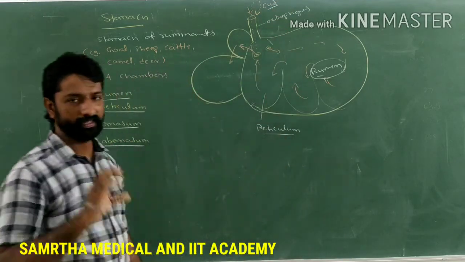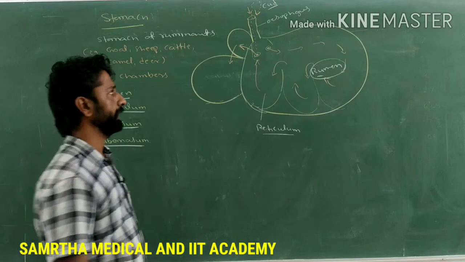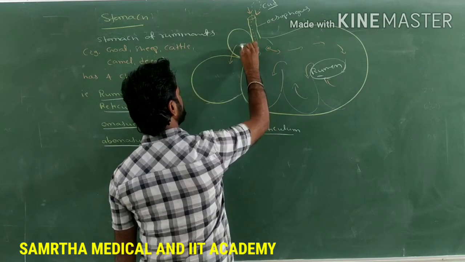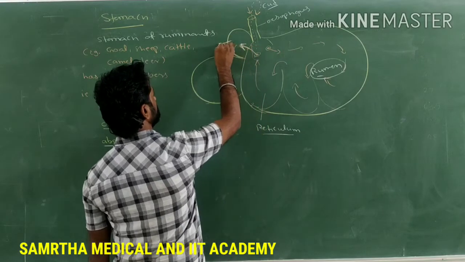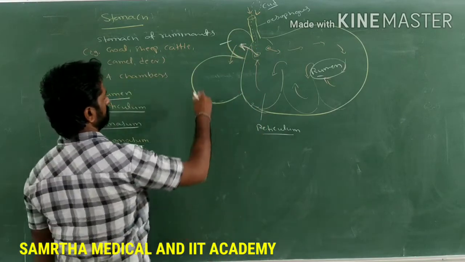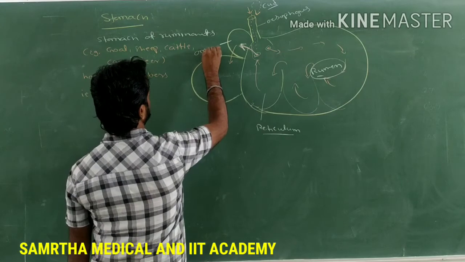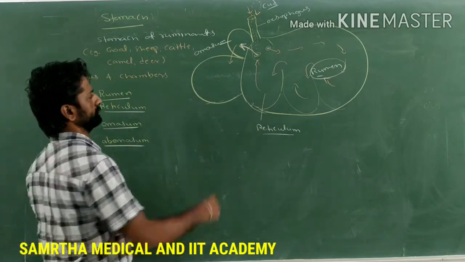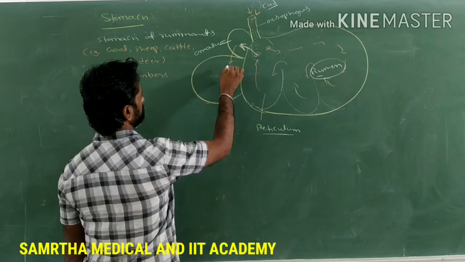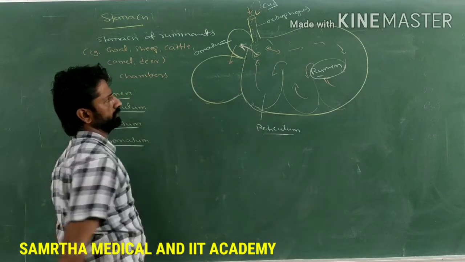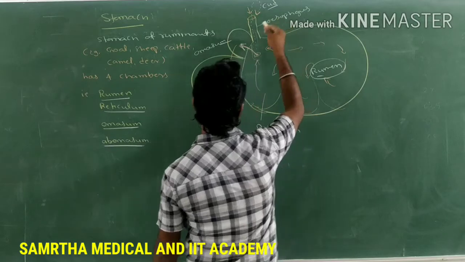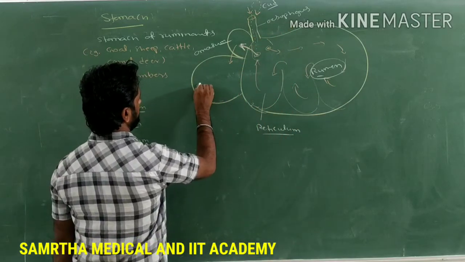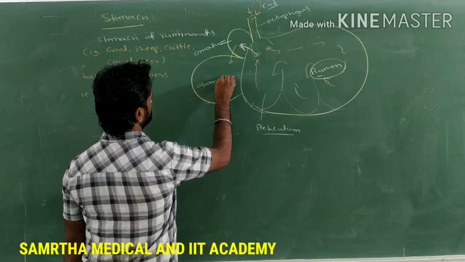So again they chew it properly, and then through the esophagus that cud enters into the third chamber of the stomach, which is called the omasum. From the omasum it enters into the part called the abomasum.